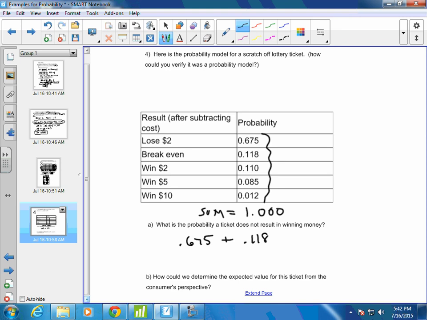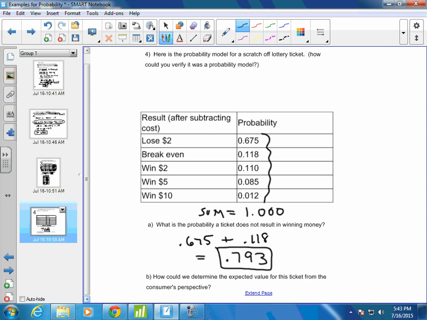We don't need to use fractions just because they give us the probability. They're not counting up the actual values. So that's going to give me 0.793, I believe, for my probability. So 79.3% chance about that you'll either lose or break even.